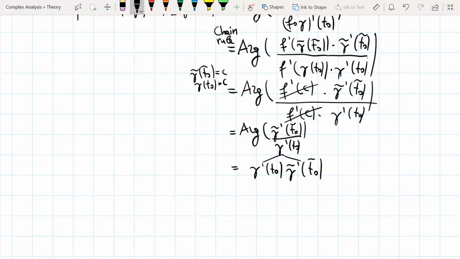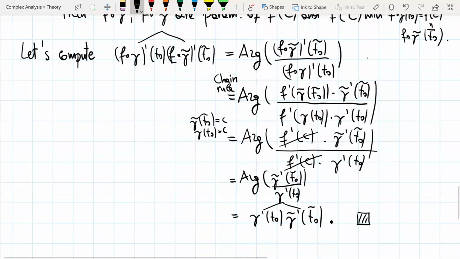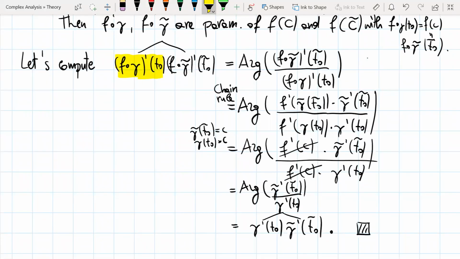So this is this angle. And this is then exactly what we wanted to show. So we showed here that the angle between f gamma prime T0 and f of gamma tilde prime T0 tilde is the same as the angle between gamma prime T0 and gamma tilde prime of T0 tilde. And this is, by definition, the angle between the two curves.